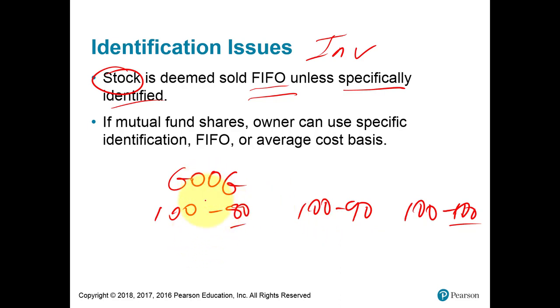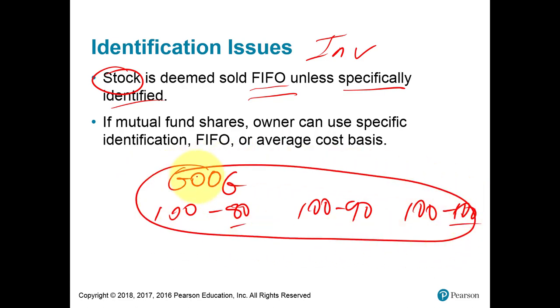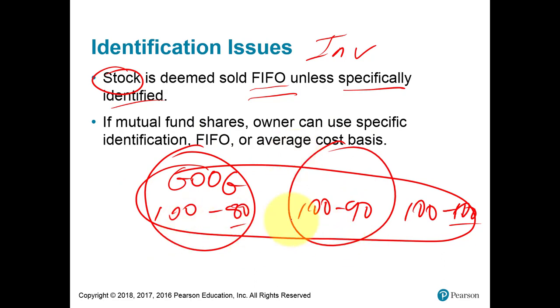Keeping in mind that we're talking about all of these investments in one stock account, one trading account. If you have Google stock in one trading account, and then in another account, you cannot mix up the costs. But if it's all in one trading account, now you've got to identify, otherwise you use FIFO.